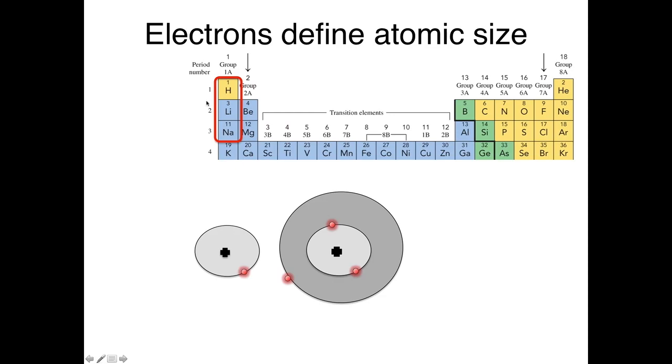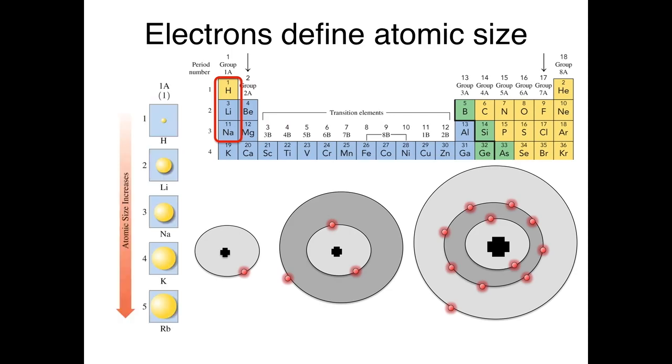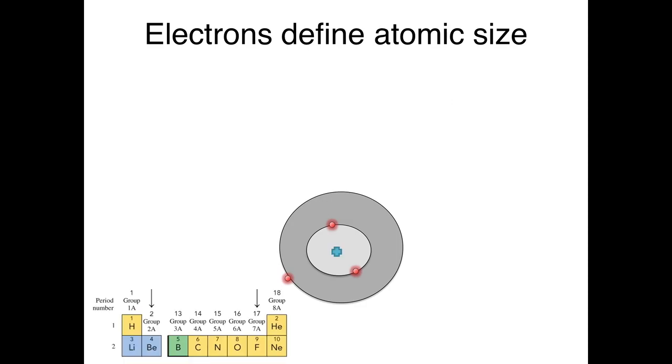This is the first shell, the second shell, the third shell, the fourth shell. So it makes sense that every time you go down the periodic table, your atomic size should be increasing. And indeed, that is the pattern that we see, that the atomic size will increase as you go down the periodic table.